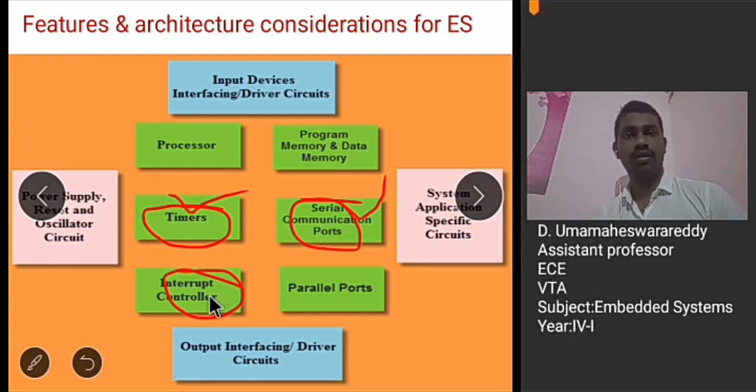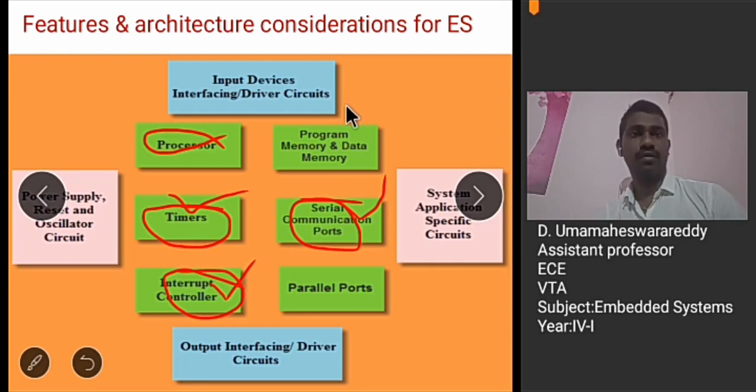Next, the interrupt controller. What will the interrupt controller do? It manages the interrupts which are generated by the external devices connected to the microcontroller or microprocessor. Then, analog to digital converter. This is a very commonly used peripheral which is used for converting the analog values coming from the sensors into digital values which are understandable by the microprocessor or microcontroller.